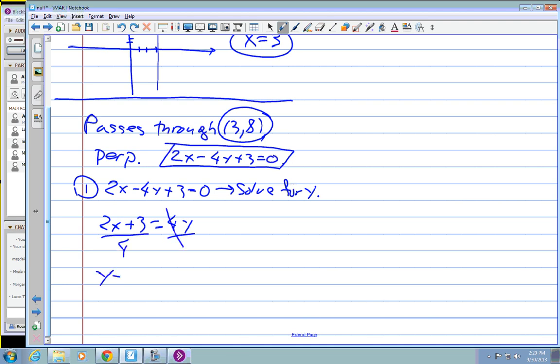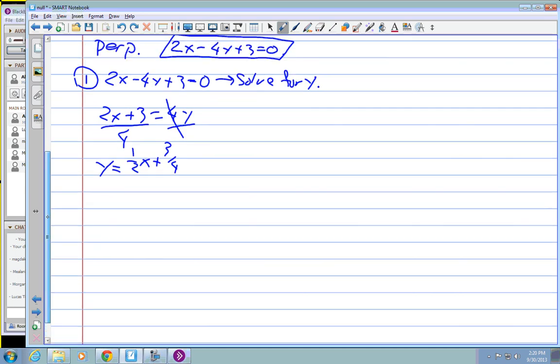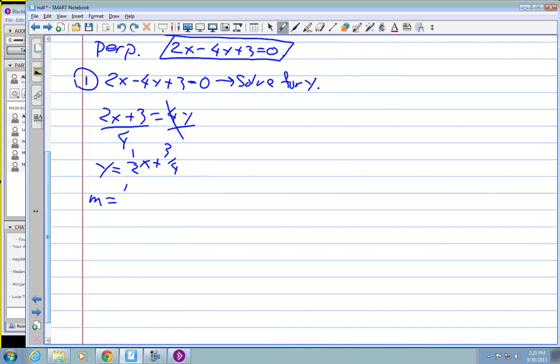So y equals 1/2 x plus, I no longer care, but just in case, it's 3/4. The y-intercept of my reference line makes no difference to the solution of this problem. All I care is that the slope of this line is 1/2. Is that okay?